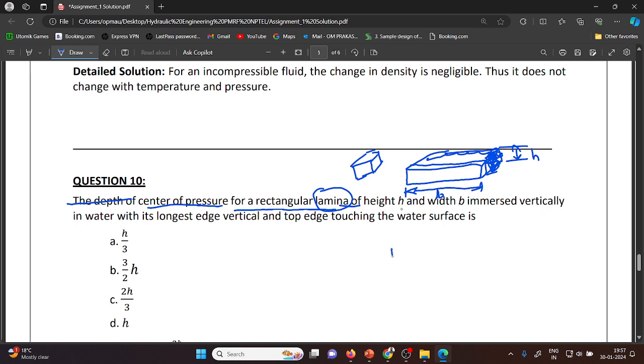Option C. Yes, if it is like that, here is B and here is H, and the top is touching the surface, immersed vertically.